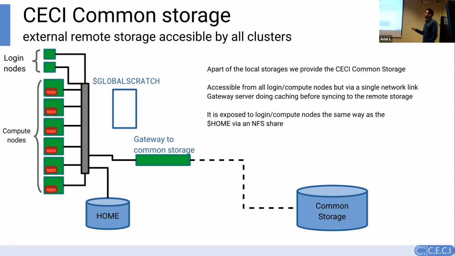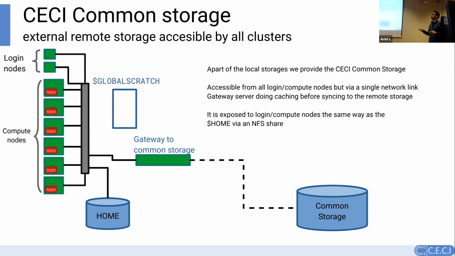But the thing that you need to remember, from all the clusters you will see it, but you must remember that this is fully external to the cluster. Each cluster has next to it what is called a gateway to the common storage. It's a small storage server doing some caching.